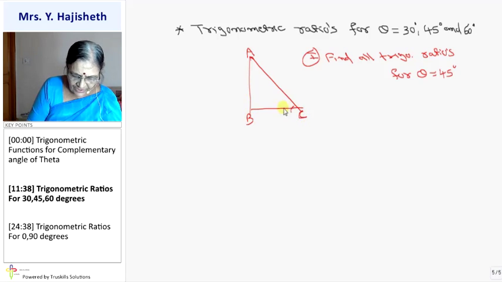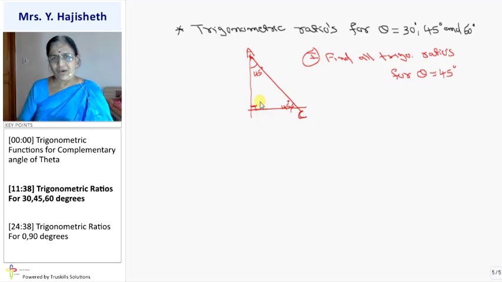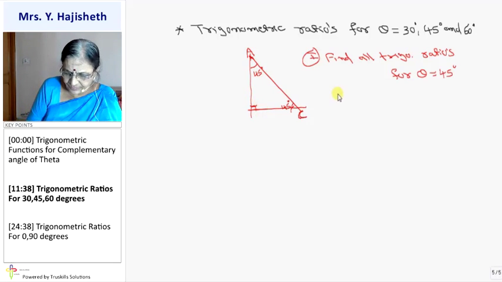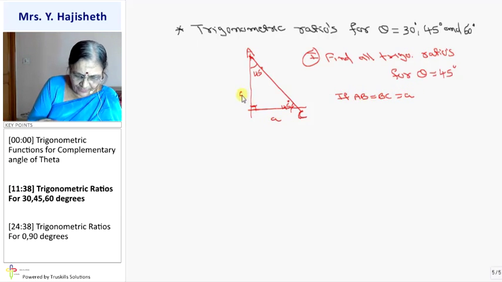Suppose this angle is taken as 45 degree. This is 90. Then this is also 45 degree, clear? Now, if AB is equal to BC is equal to suppose small a. Okay? This is small a.